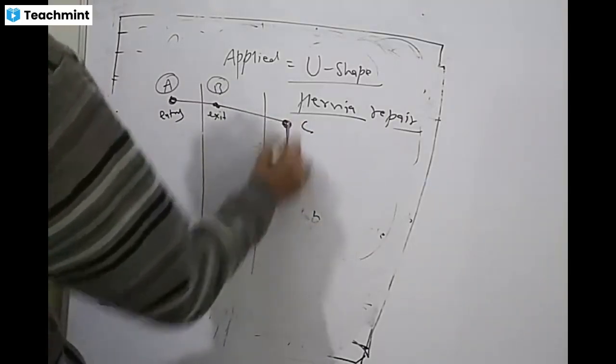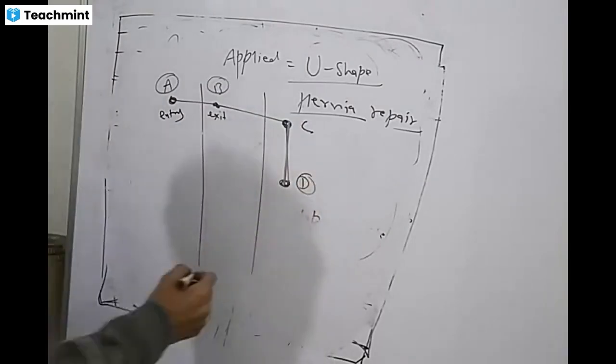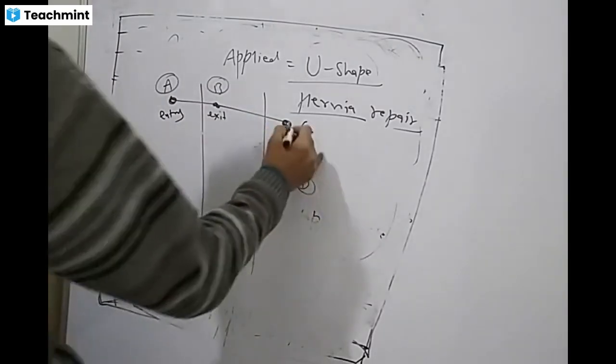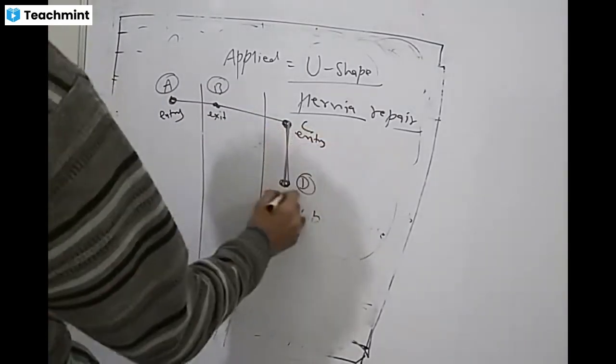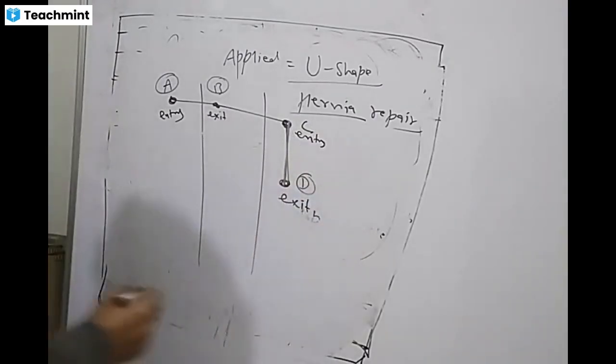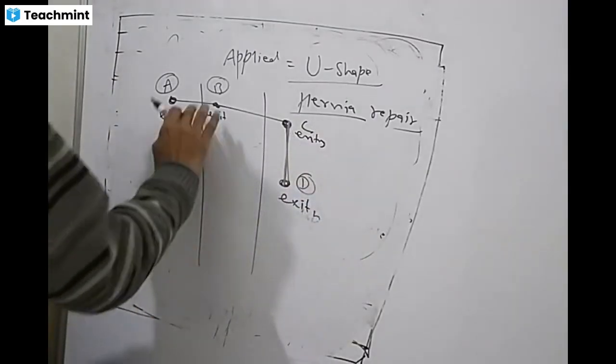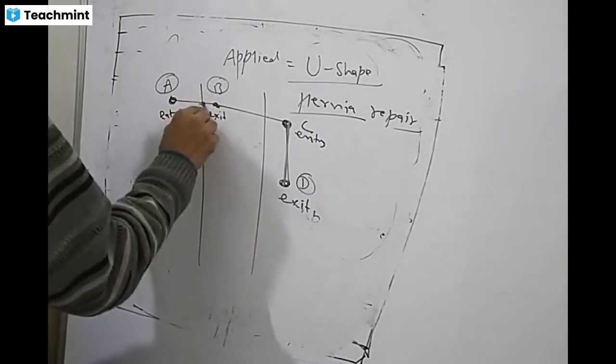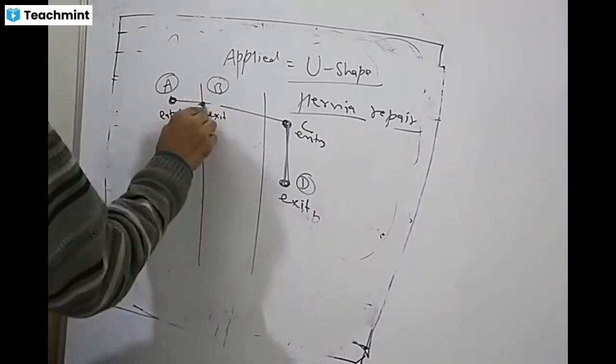Then we take a horizontal bite. This is your entry and this is your exit. This is the exit point from the mucosa.